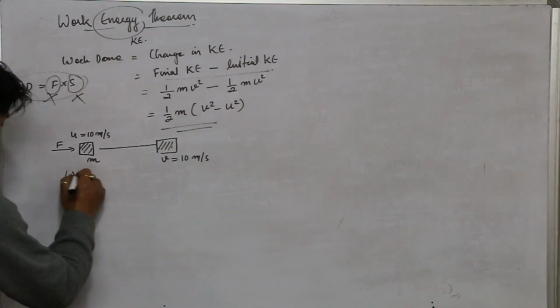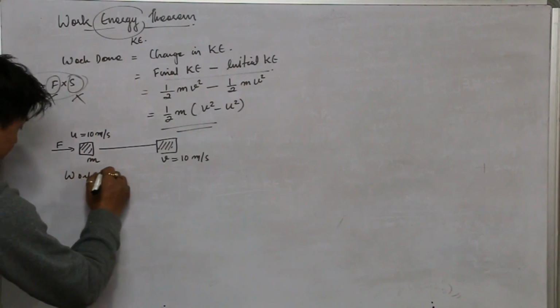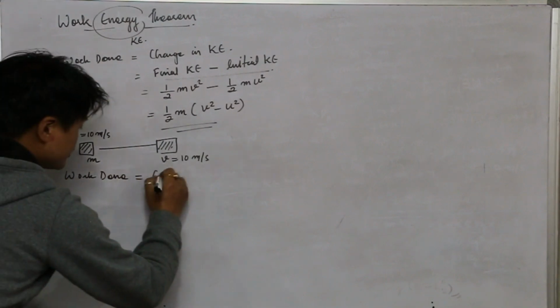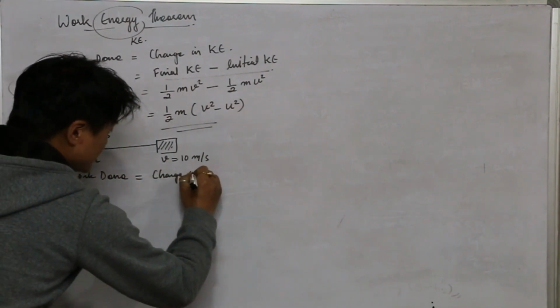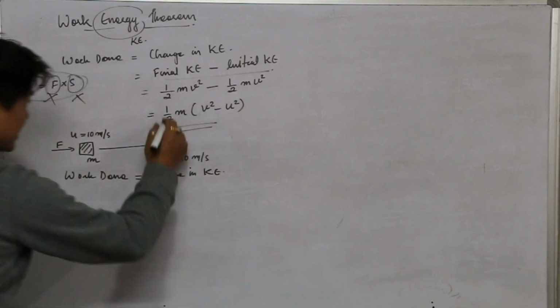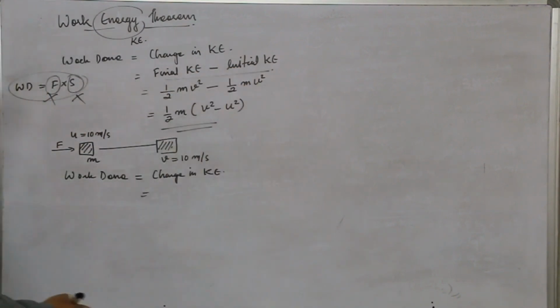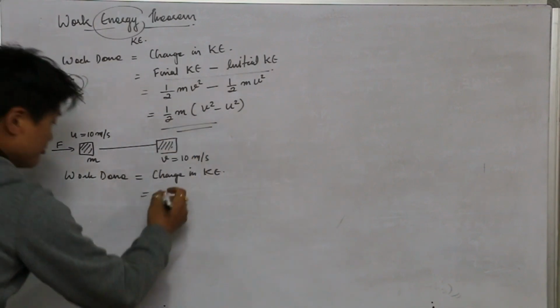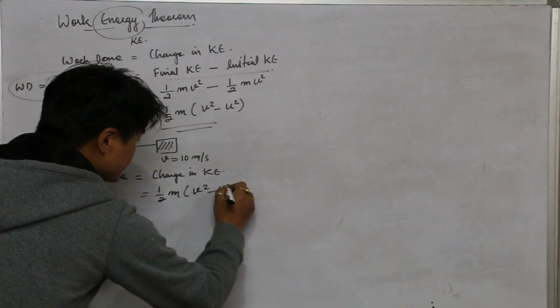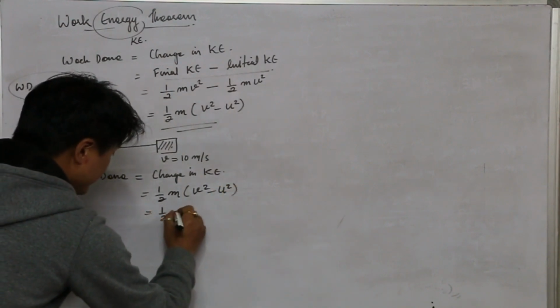So work done is equal to the change in kinetic energy, final kinetic energy minus initial kinetic energy, which will be half m v square minus u square, equals half m.